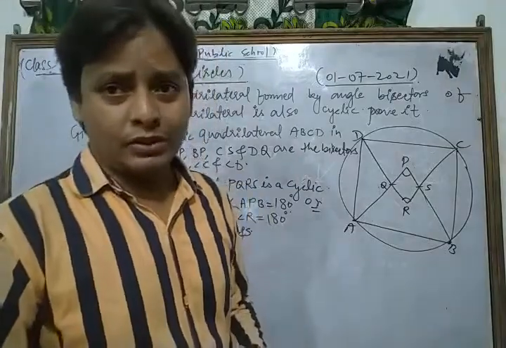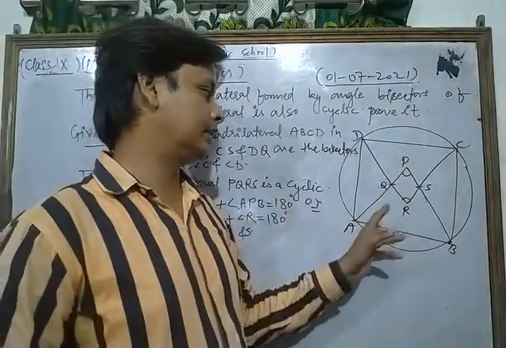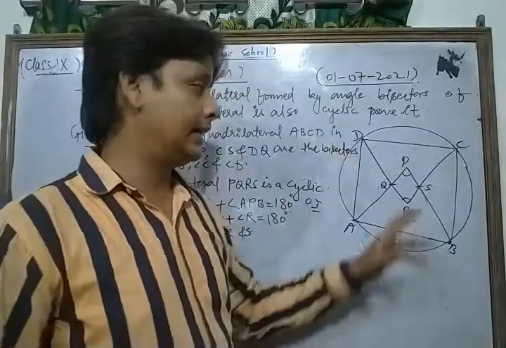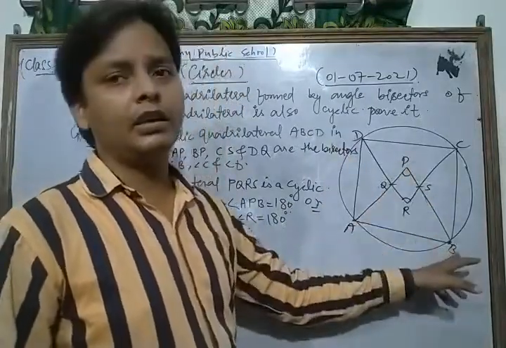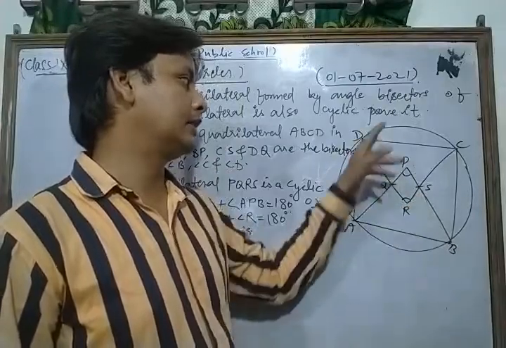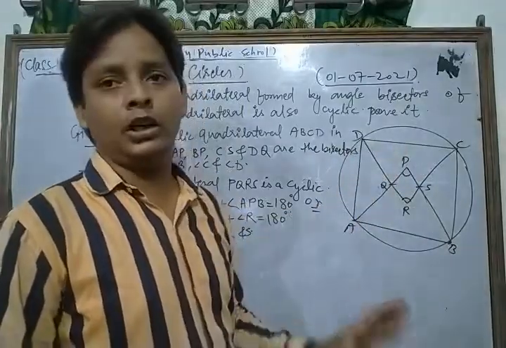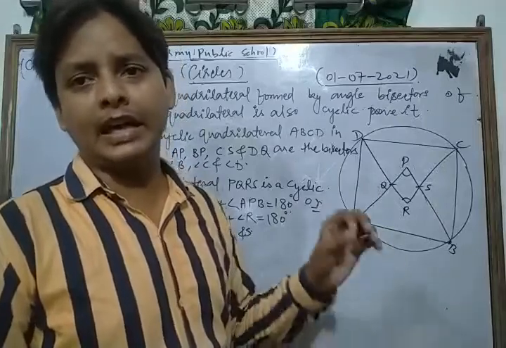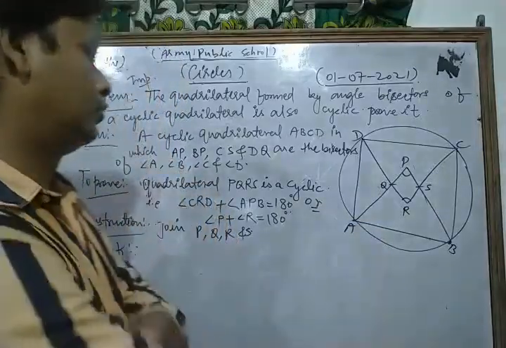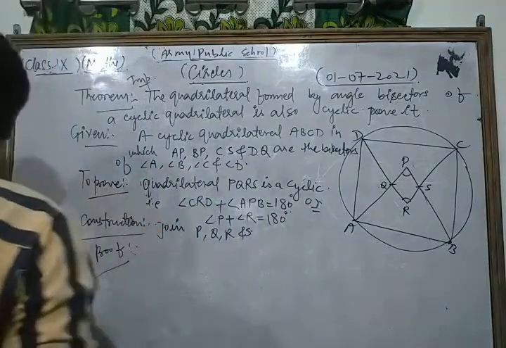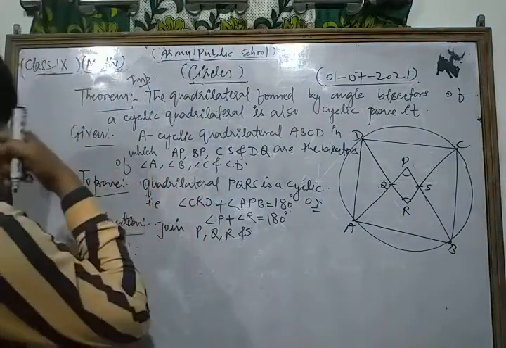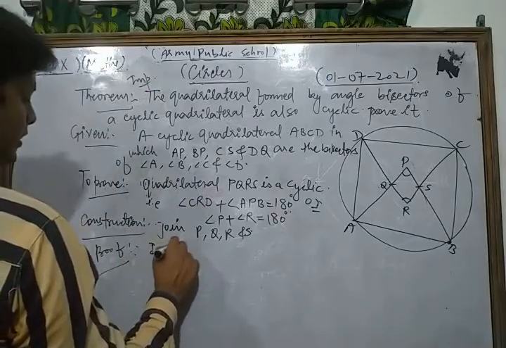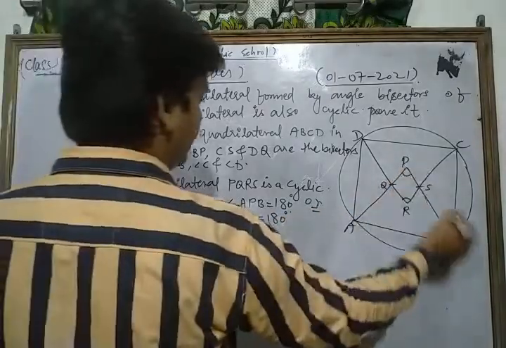So dear students, first of all we have to show that angle P plus angle R is 180 degrees. Angle P comes in triangle APB and angle R comes in triangle CRD. So first of all we take both triangles and apply the angle sum property of a triangle.